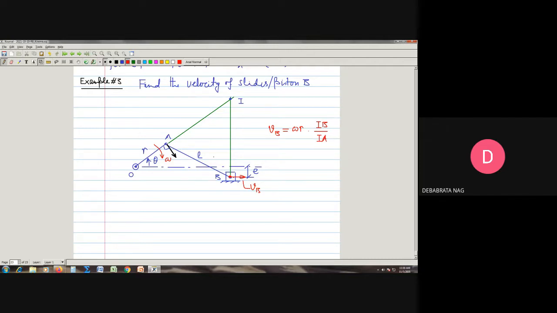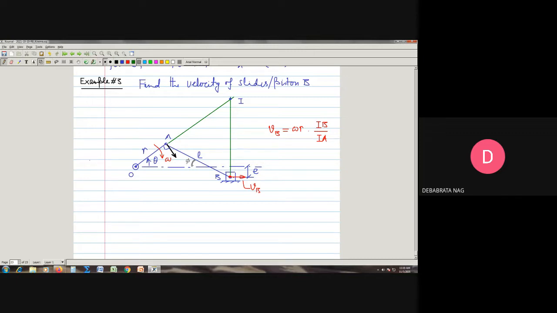Now, for IB by IA, from whatever geometry is given, I can actually calculate this angle, the angle that this connecting rod makes with this horizontal line. I can call this angle phi.